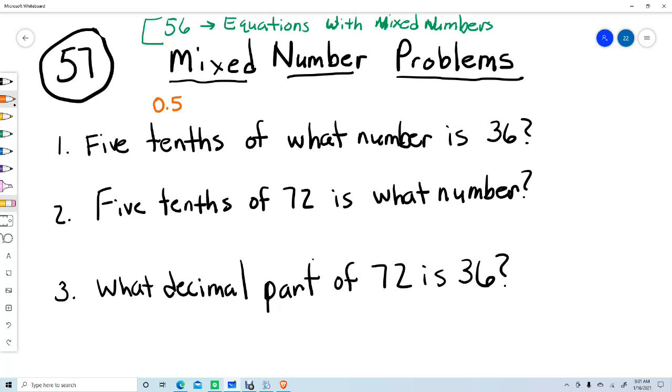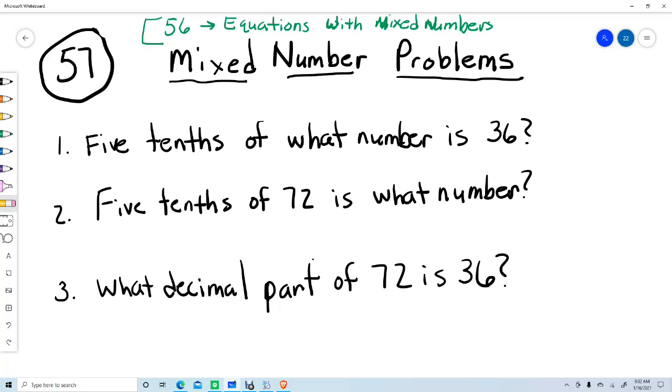So you're never going to see something like this, 0.5 of what number, etc. Because a sentence, to be correct grammatically, never starts with an actual written number. You have to write it out in words. So I hope that made sense. I was planning on throwing that in. I just thought I'd add it.